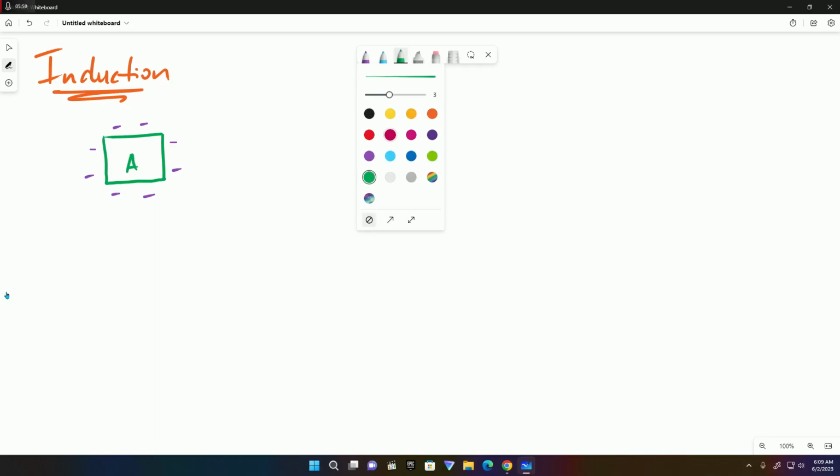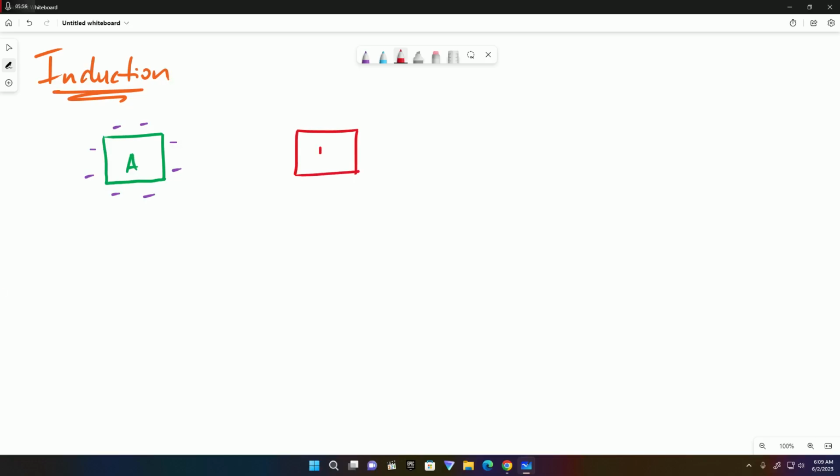I can have a second object peacefully in its corner. And this object is neutral. Now, neutral simply means it has equal amounts of both types of charge. So overall, it has zero net charge. It's neither positive nor negative.